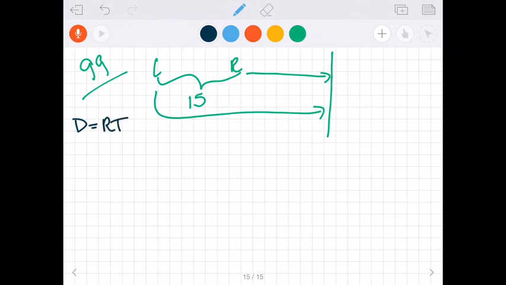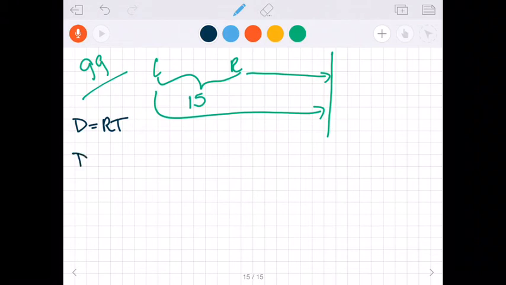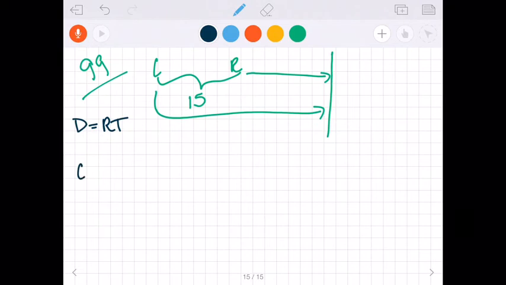The other thing that we want to write is that Charlene's distance equals Rachel's distance plus 15. Okay, because Charlene's having to travel a whole lot further.